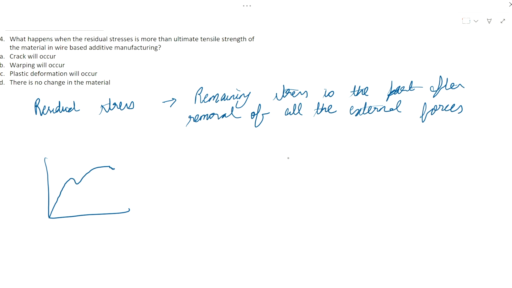Okay. Now consider this as the UTS, ultimate tensile strength, and we'll here consider only a single yield point, not upper yield point and lower yield point. This is the stress strain curve. Now, so what happens?